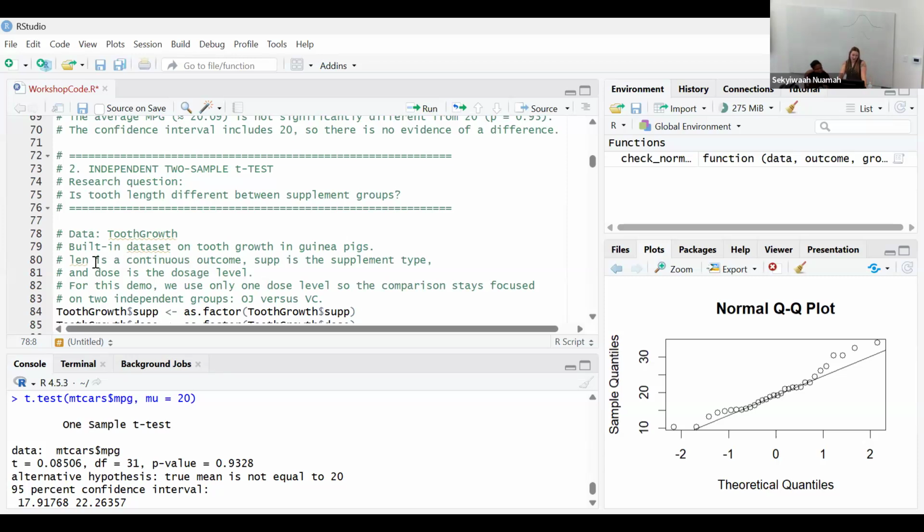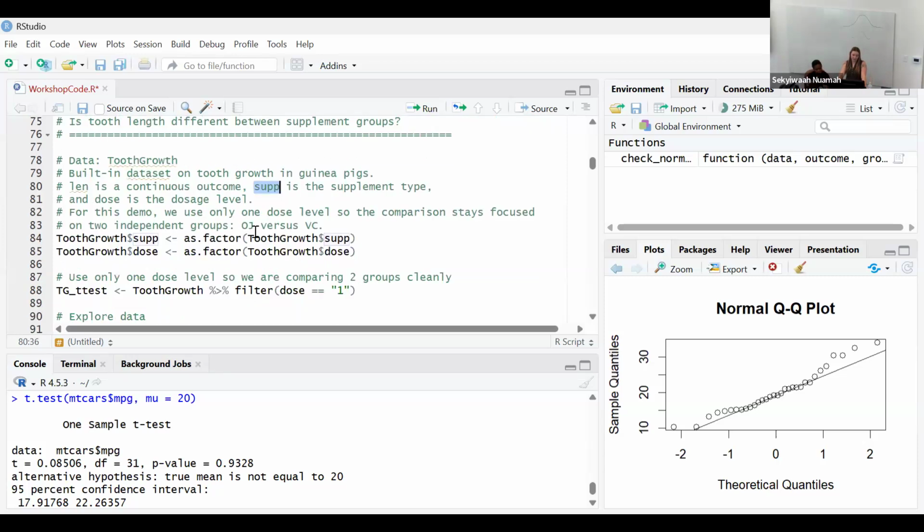Anyways, our continuous outcome is the length. That's what we care about, that's what we're going to be looking at. Supp is the supplement type. There are two supplements, orange juice and vitamin C, labeled as OJ and VC.